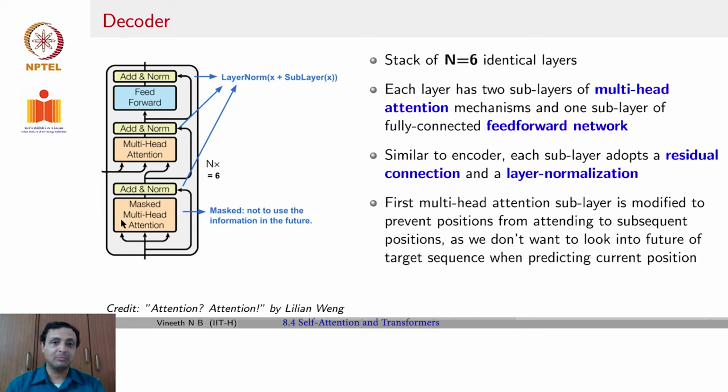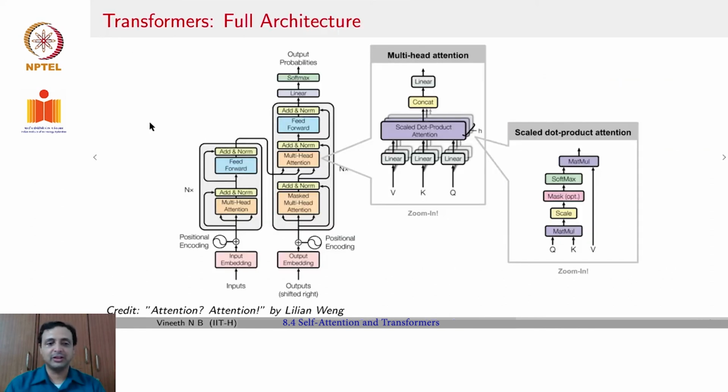So if you're translating from English to Hindi, and you're now trying to process the third word in the output, at that time you can use attention on the first 2 words, but you don't want to use attention on the remaining words because the model is not supposed to know them while predicting the third word. This is done by masking the attention mechanism in the first decoder, and then the outputs are passed on as they are to further multi-head attention mechanisms. That's the architecture of the decoder.